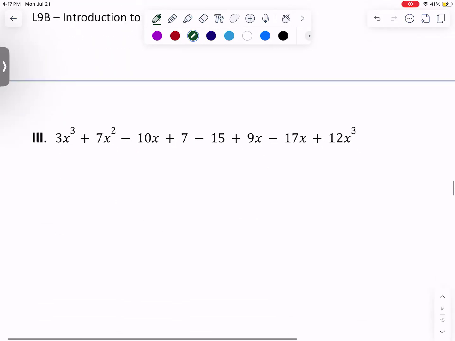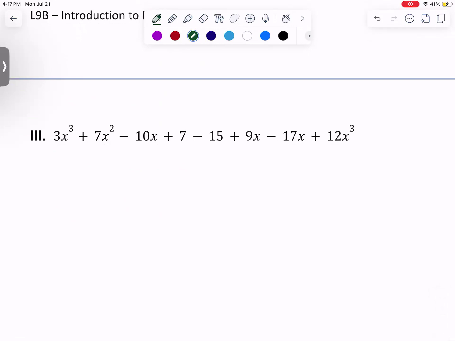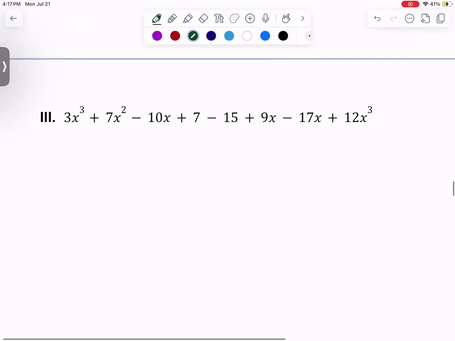Number 3: 3x to the third plus 7x squared minus 10x plus 7 minus 15 plus 9x minus 17x plus 12x to the third. Whew. So we should just look left to right and underline all like terms as we go. So the first one, we look for the biggest exponent, which is 3. 3x to the third power, underline it once.